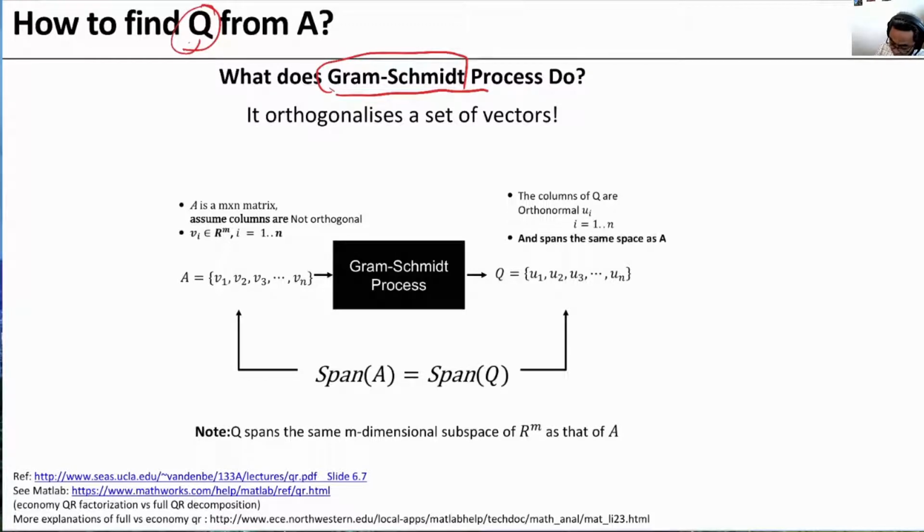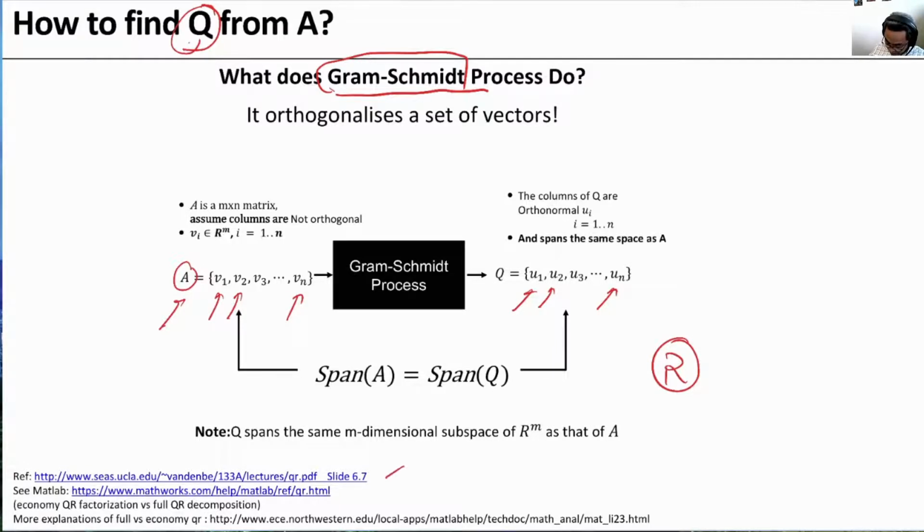In the Gram-Schmidt process, we are given the matrix A, denoted by v1, v2, to vn, where we have n columns of the matrix, and we'll spit out u1, u2 up to un, and these columns of Q will span the same space as required. Once we have found Q from A, then we can find R to complete the QR decomposition.